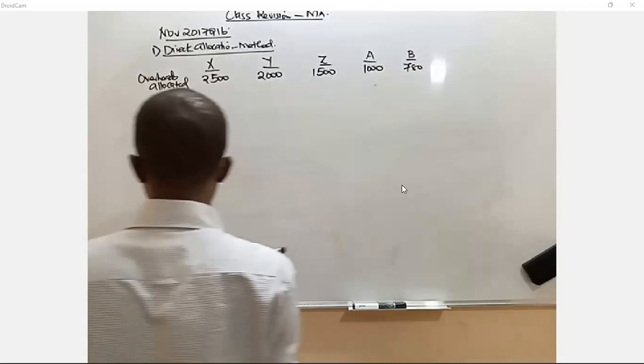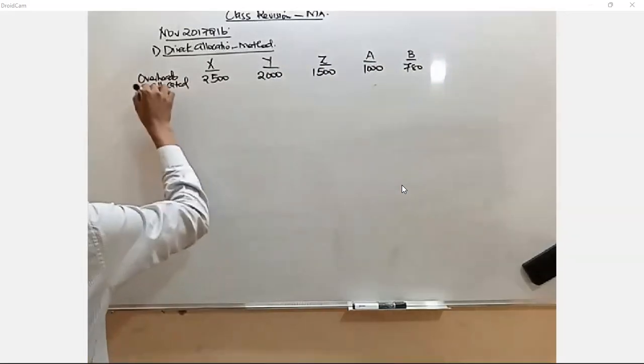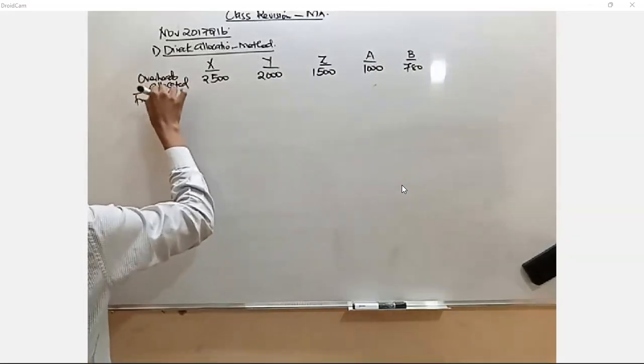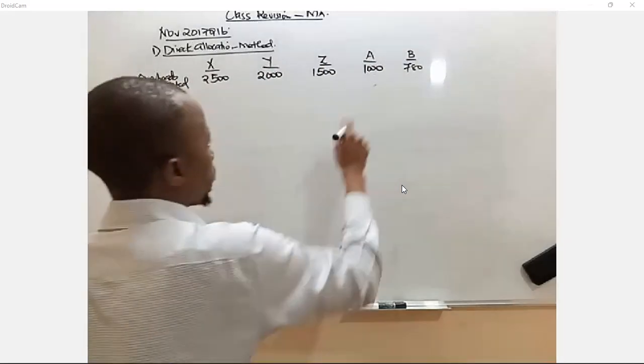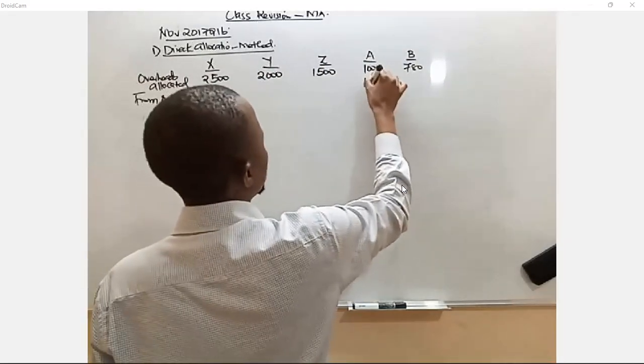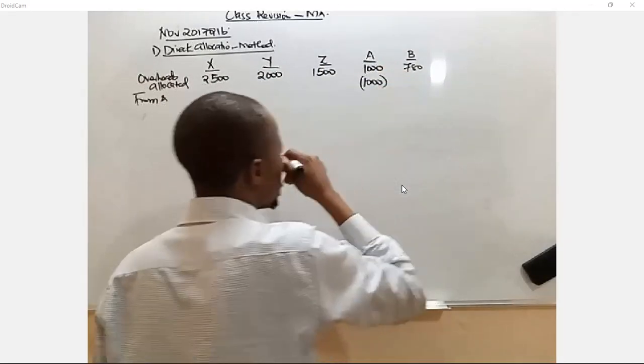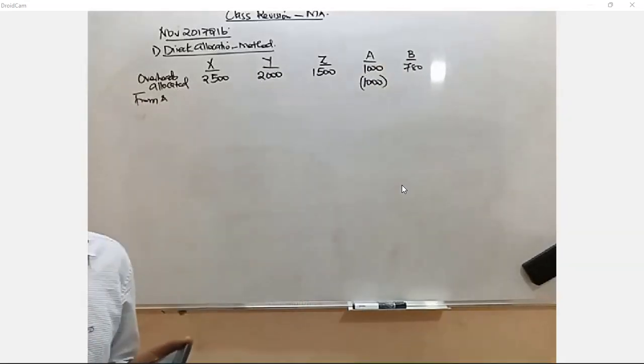You can start allocating from A, no problem. From A, we are allocating 1,000, and we are doing it just to the production departments.